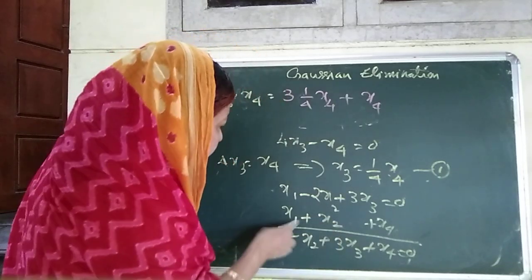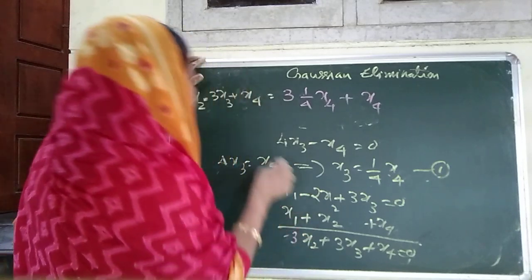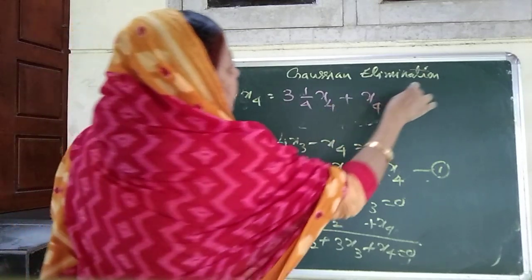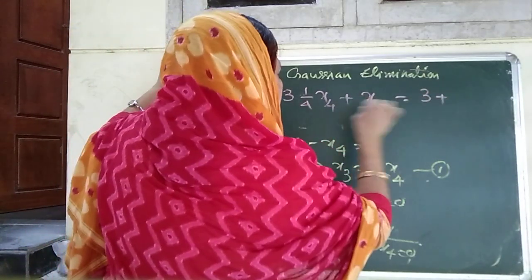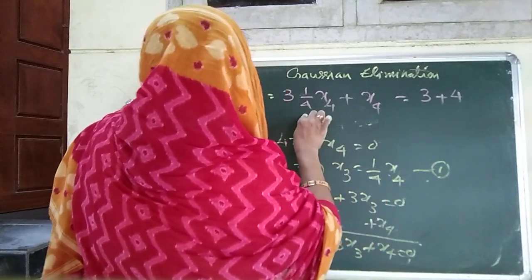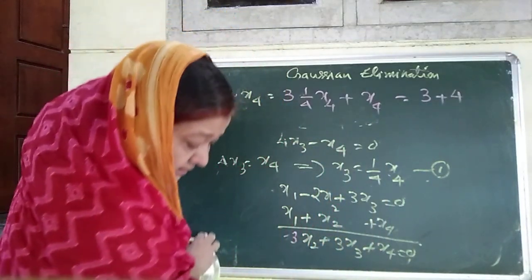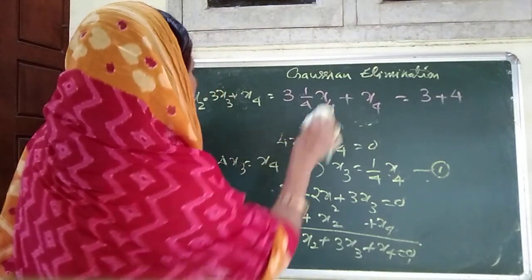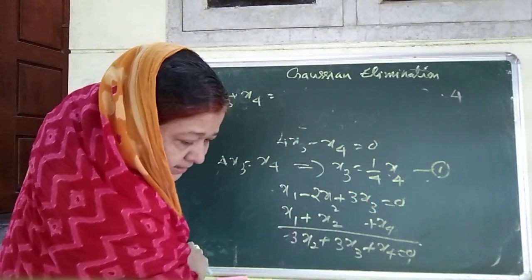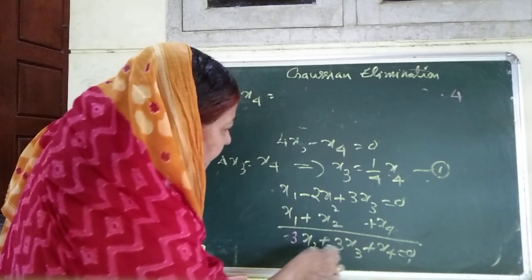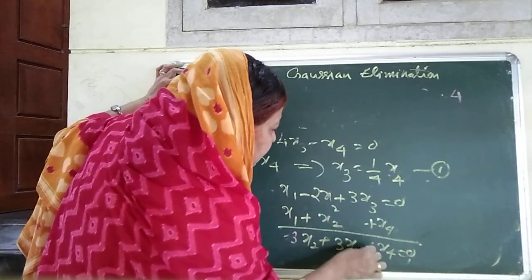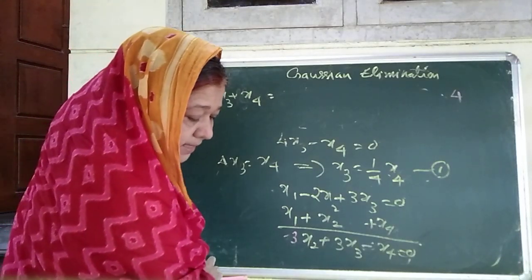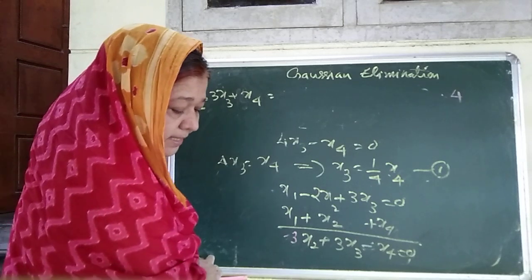Subtracting, we get minus 3x2 plus 3x3 minus x4 equal to 0, which gives minus 3x2.